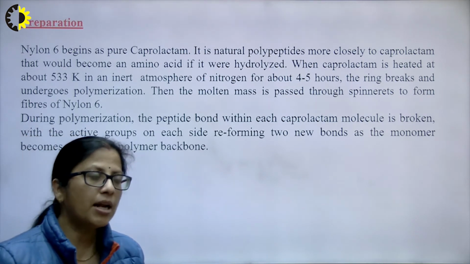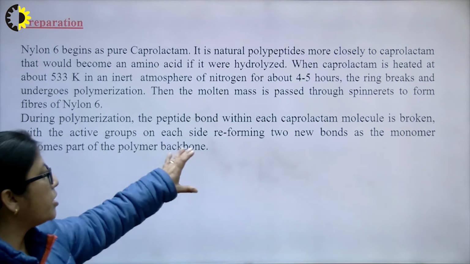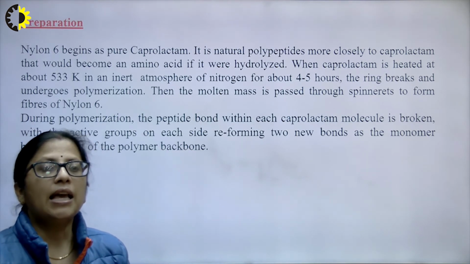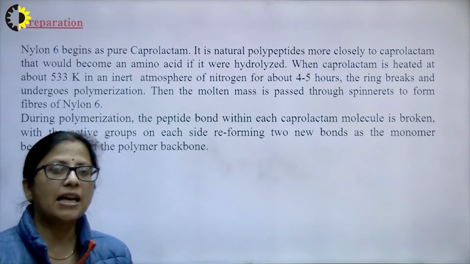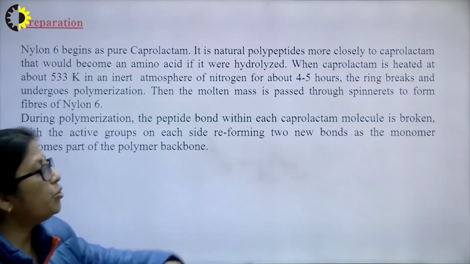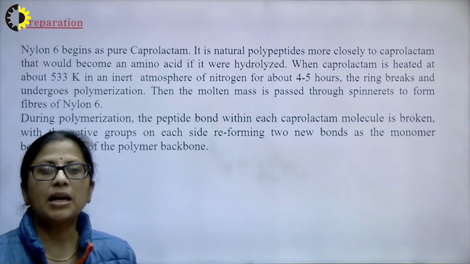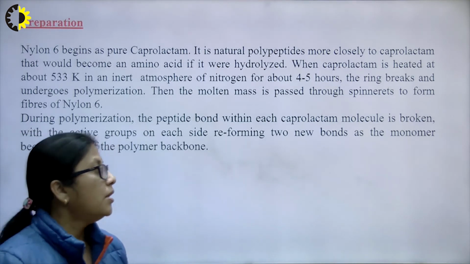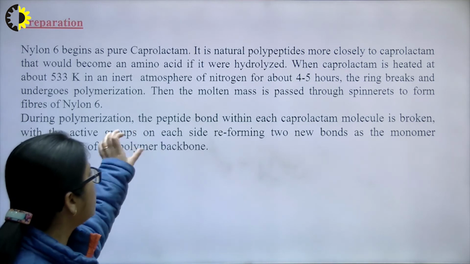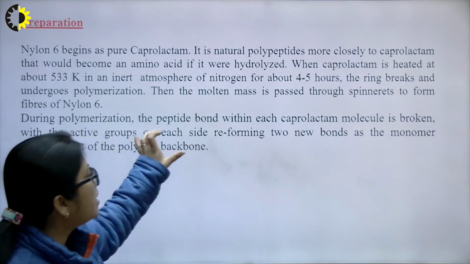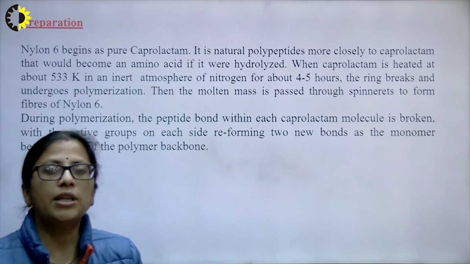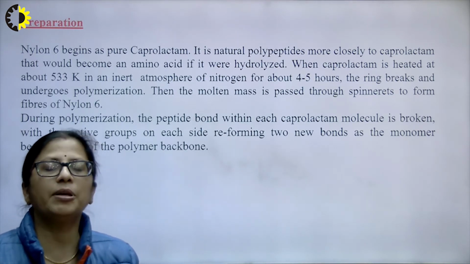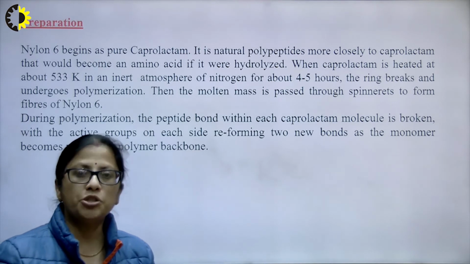During polymerization, the peptide bond within each caprolactam is broken, and the active groups present on each side reform two new bonds as the monomer becomes part of the polymer backbone. So, the functional groups reform themselves so that there is a place for two new bonds to be formed, and they themselves become part of the polymeric chain.